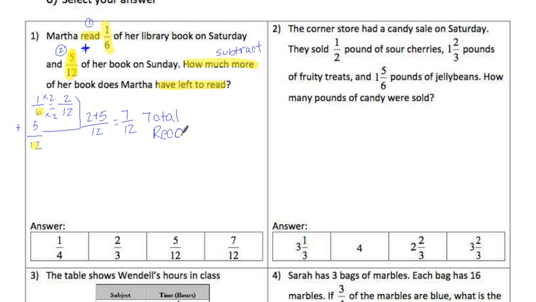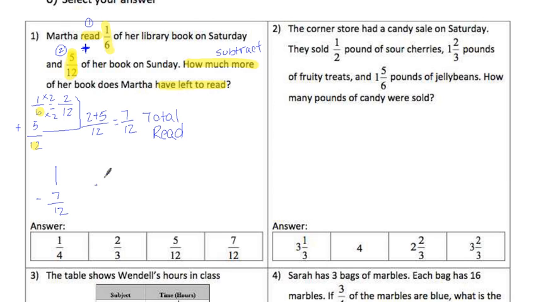And it's asking how much is left over to read. Well, if you think of the whole book as a whole, it'd be 1 minus that 7/12. Now, I can't leave a whole number just as a 1. I need to make it a fraction.